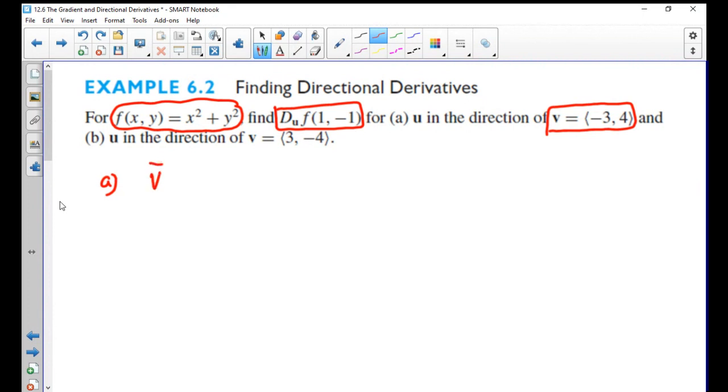So v is -3, 4. And I want to find df in the direction of u at the point 1, -1.